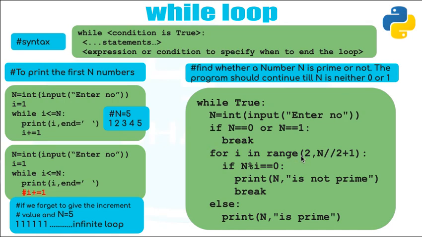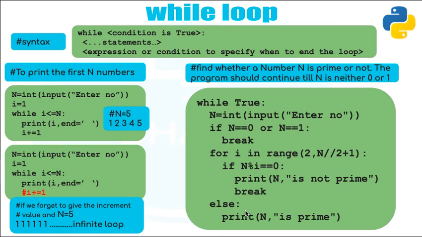And what is a prime number? A number is said to be a prime number if it is not divisible by any number from 2 up to half of that number. Therefore, if you see, I've written n floor division 2 plus 1. If even once this condition becomes true, the loop is broken.